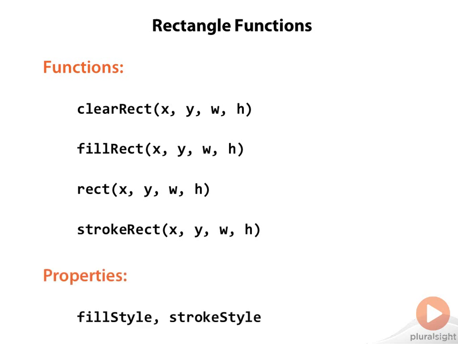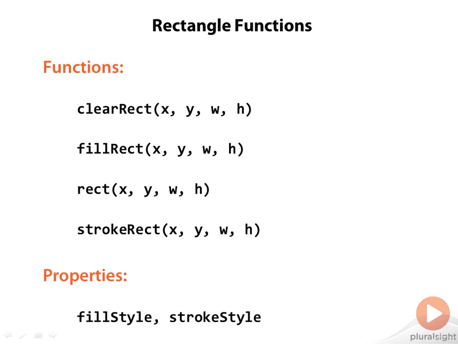So we can set the colors of the fill or the stroke using a fill style or a stroke style. So you can give it an RGBA type color, or you can give it a hex, or you could even just give it a name color if you want, such as red. And what that will do is, as we call fill rect, as long as we set the fill style first to something like red, then fill rect will automatically fill using that color.